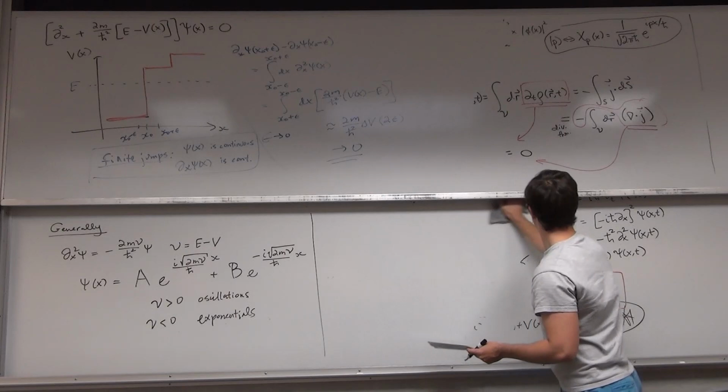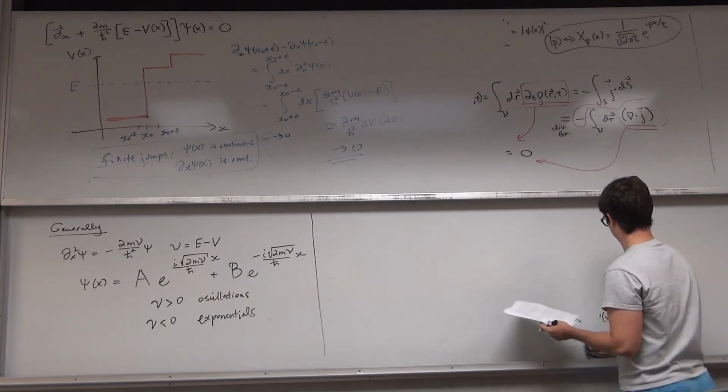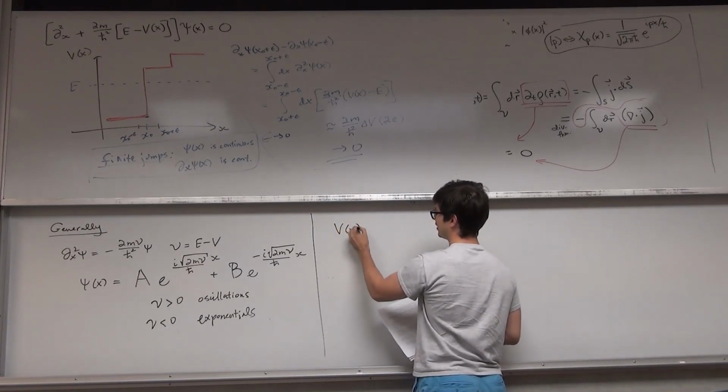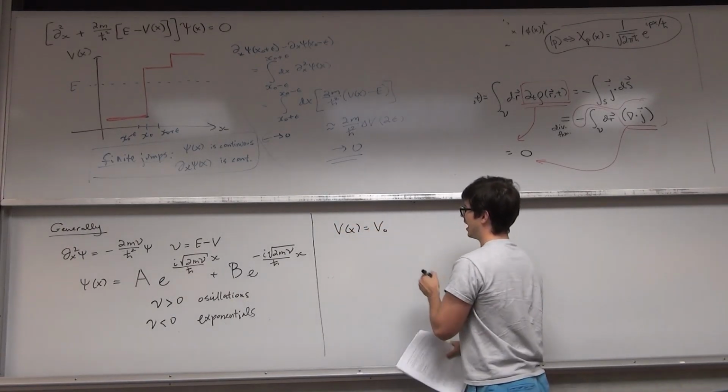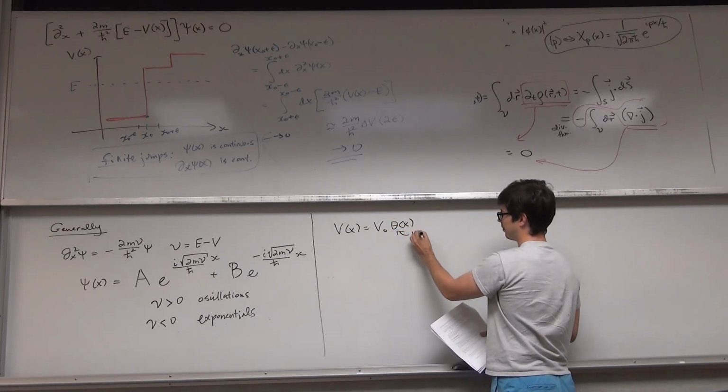So let's just do a step. Let's suppose V of x is some V naught times theta of x, which here is the Heaviside step function.